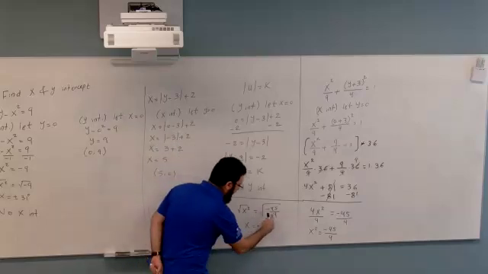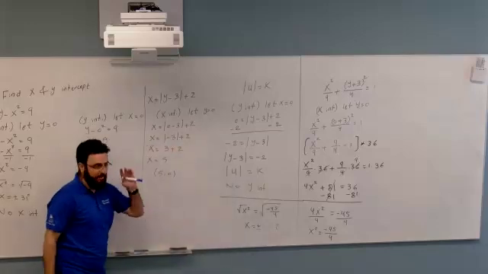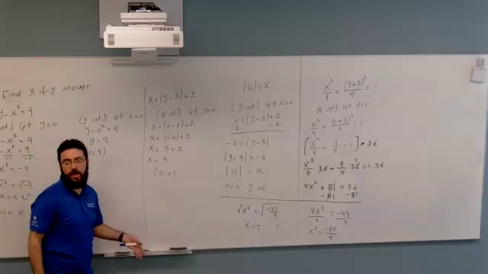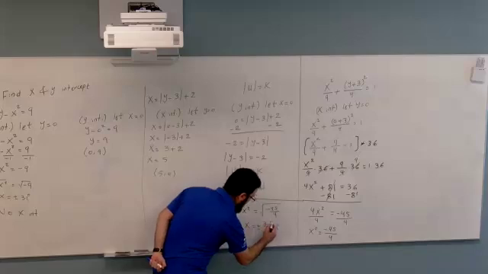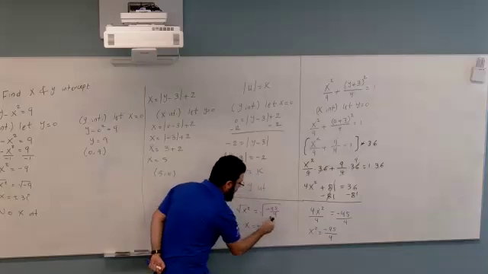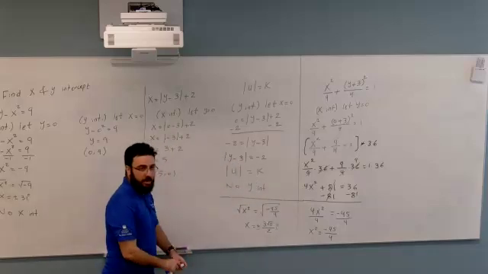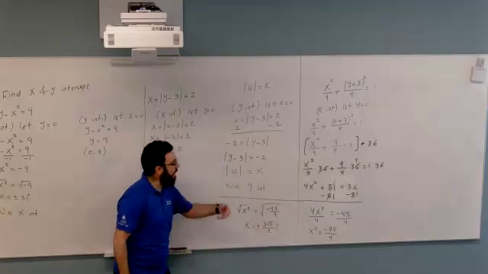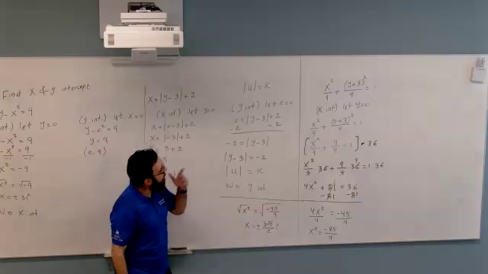The negative sign I'm going to take out as an i. What's the square root of 45? 3 square root of 5. What's the square root of 4? 2. That's it. But there's still an i. So what does that mean? There is no x-intercept.